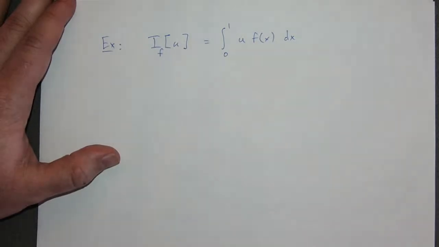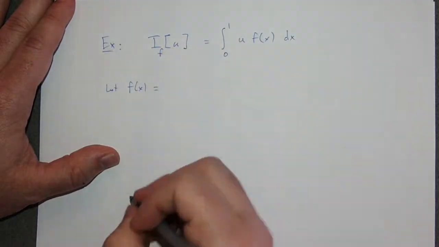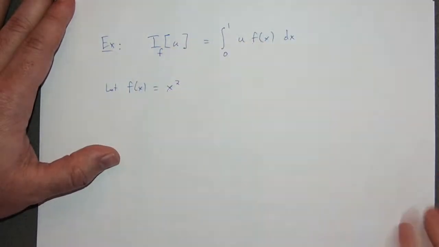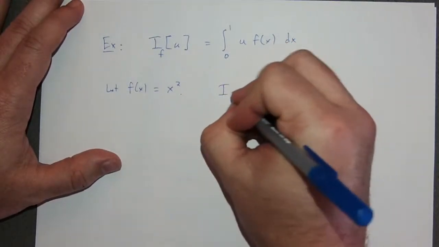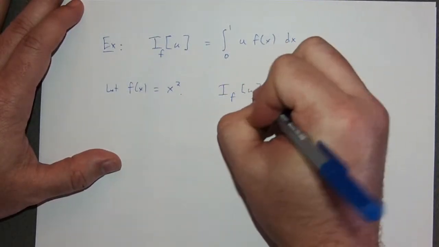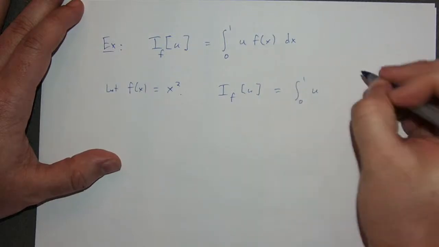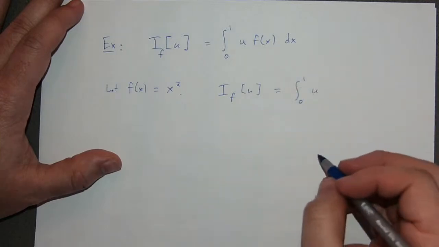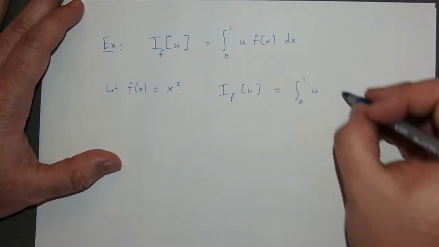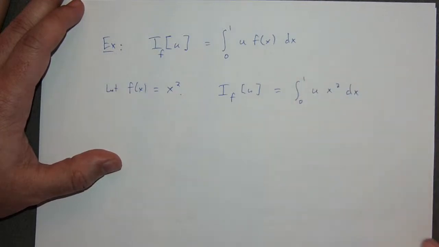So what does this mean? Let f of x be, say, x squared. Then I sub f of u is the integral from 0 to 1 of u, which is some function of x, times, say, x squared dx.